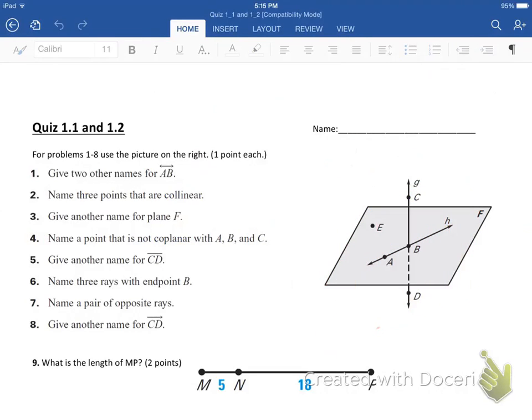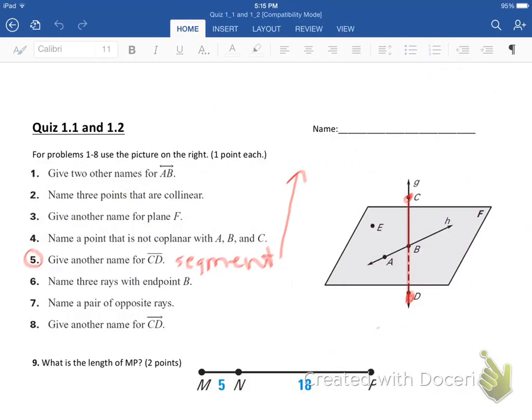Okay, now we're doing number 5 here. We're just moving along. Oops, I forgot to highlight it. Number 5: name another name for this segment. Okay, so C to D. Well, you can name segments more than one way.